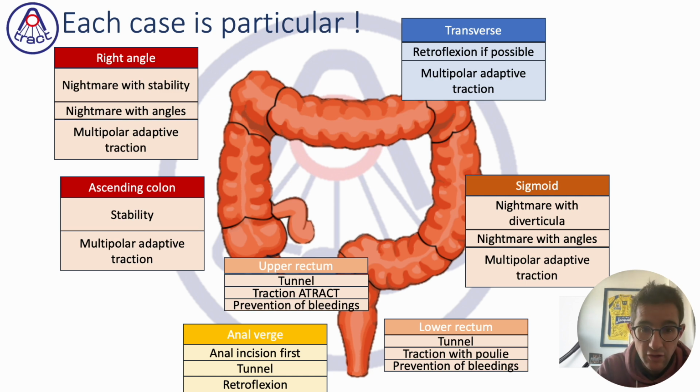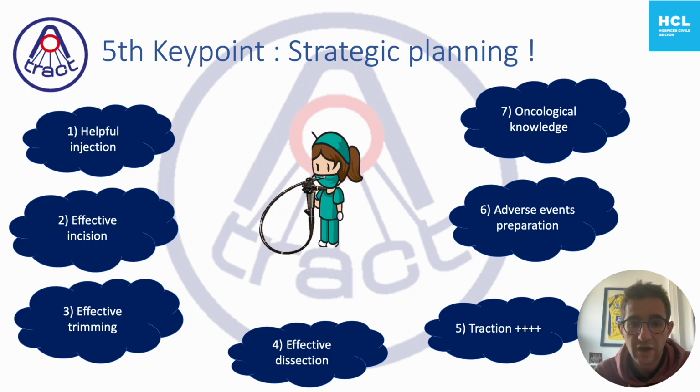For the right angle, it's very difficult, so I schedule a large time slot and adapt myself with retroflexion and traction to change the shape of the angle everywhere. For the anal verge, I'll begin with the anal incision.